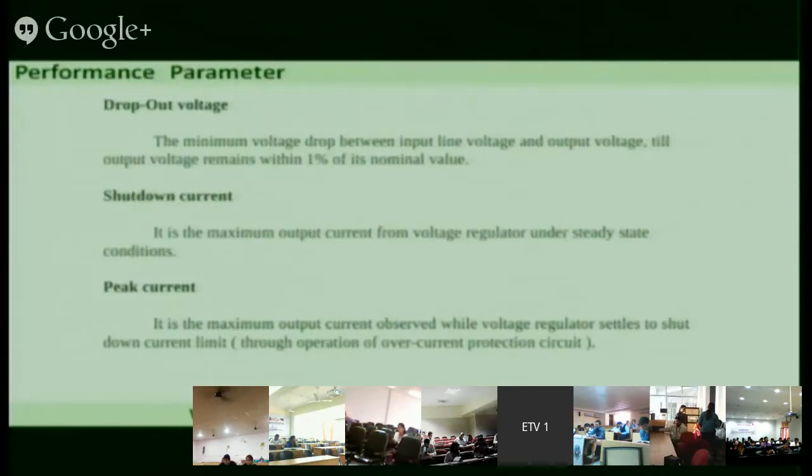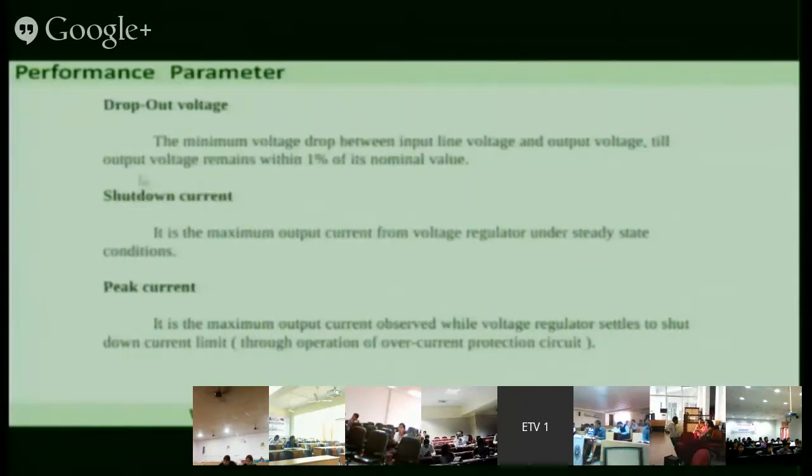If the current exceeds 350 milliampere, like if you short the output of the regulator, naturally a lot of current will flow. But as soon as the current reaches 350 milliampere, the voltage regulator will not give more than that, and it shuts down.